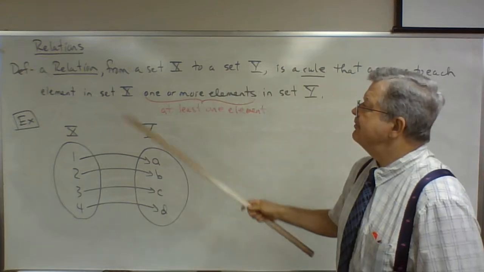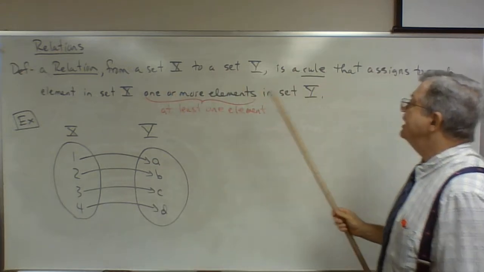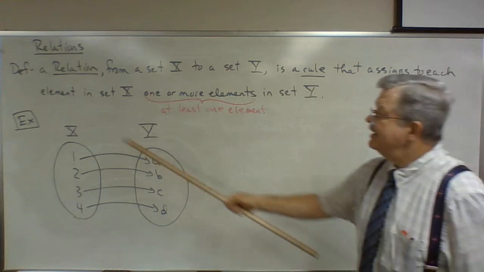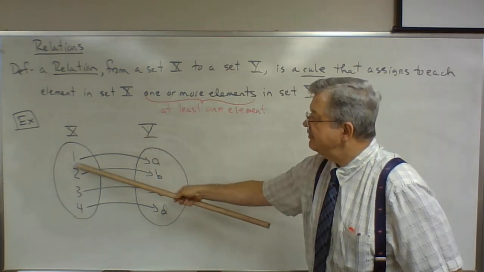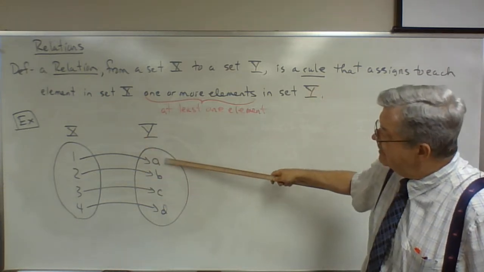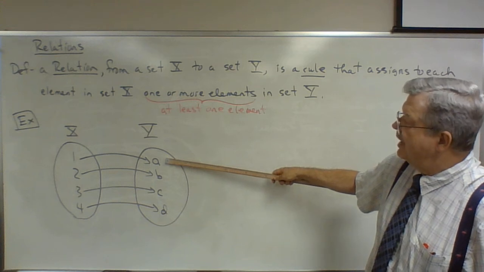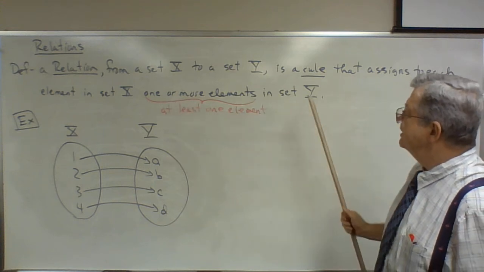So a relation from a set x to a set y is a rule that assigns to each element in set x at least one element in set y, one or more elements in set y.